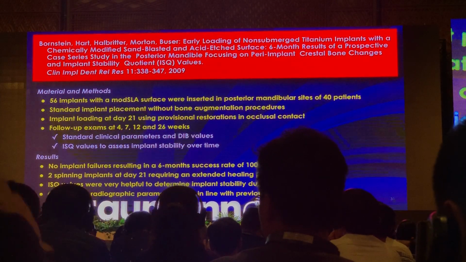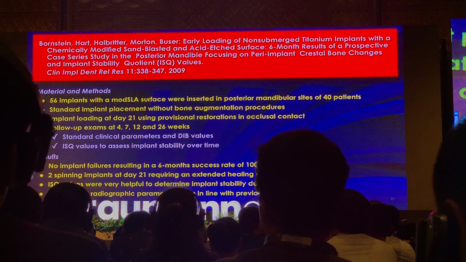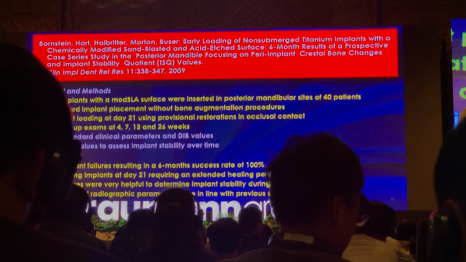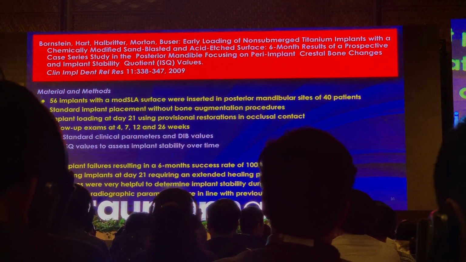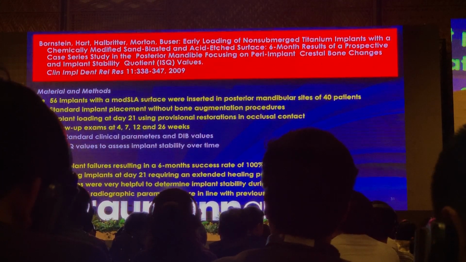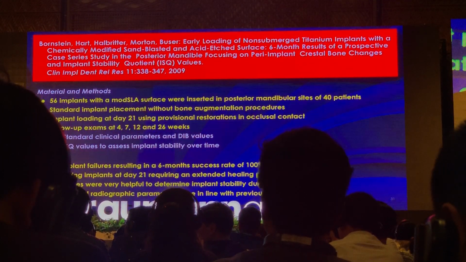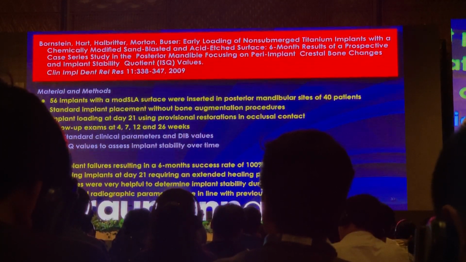It was a prospective case series study, non-controlled. During the healing phase, we had no implant failures. We had 2 slightly spinning implants at 3 weeks, so we had to give them more time to heal. And of course, we measured ISQ for all of them.